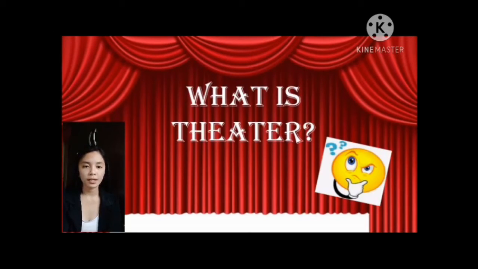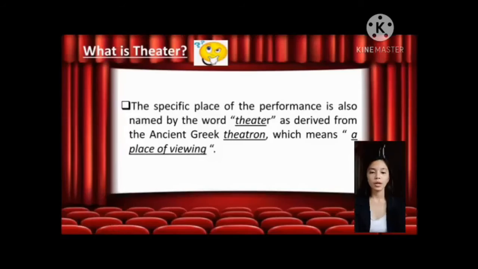So now let us define what is theater. Theater is the specific place of the performance, also named by the word theater, as derived from the ancient Greek word theatron, which means a place of viewing. So, meaning to say, theater is a place of viewing.